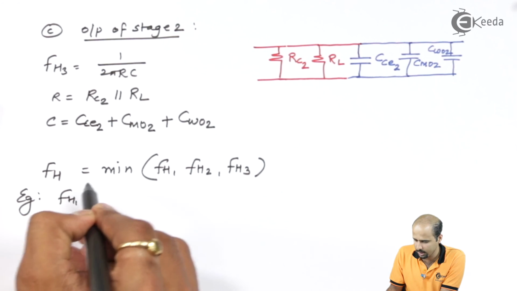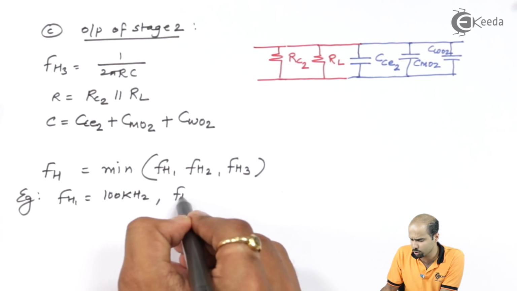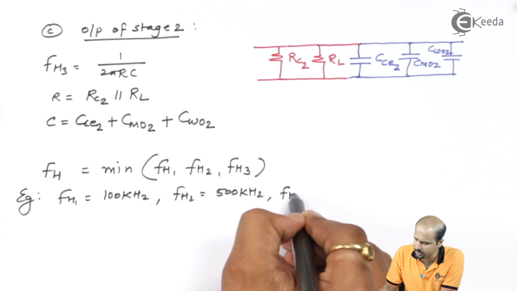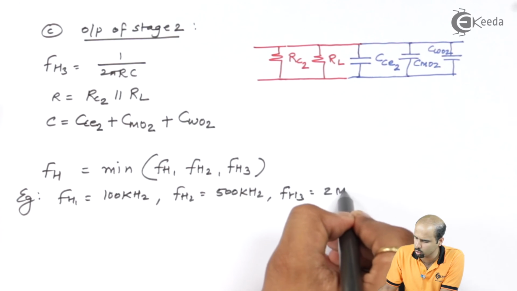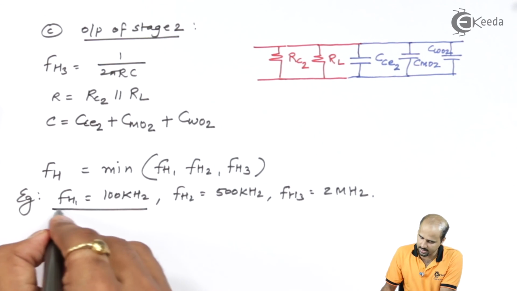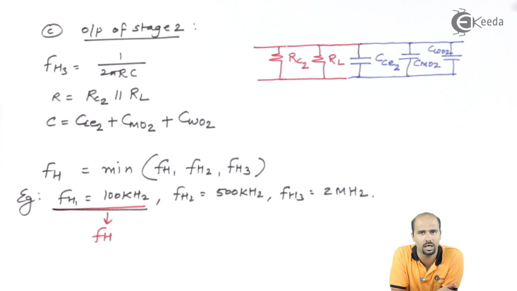If FH1 we have got as 100 kilohertz, FH2 is equal to 500 kilohertz, and FH3 we have got as 2 megahertz. Out of these 3 values, FH1 is the least value, so this particular value will give me the higher cutoff frequency, so that I can determine up to that particular frequency I have to operate my complete multi-stage amplifier as an amplifier.